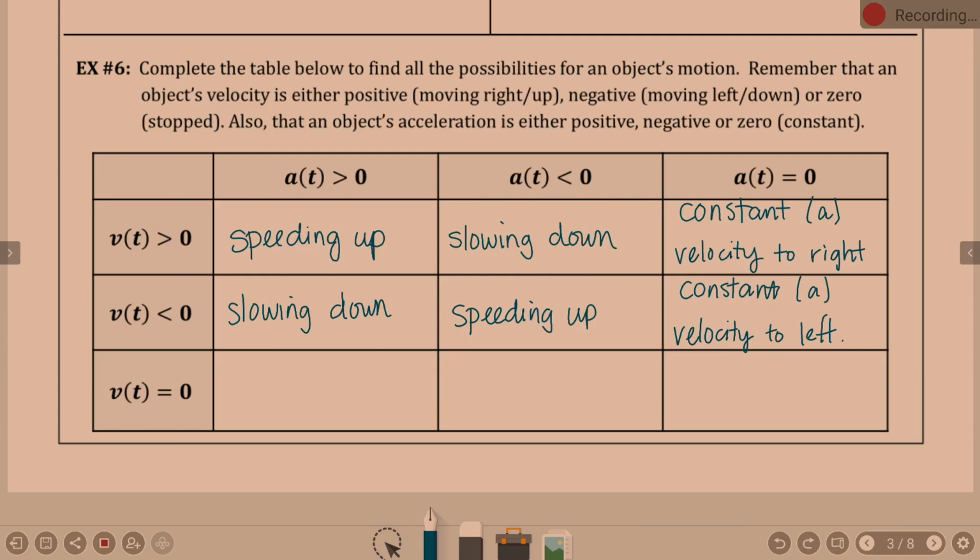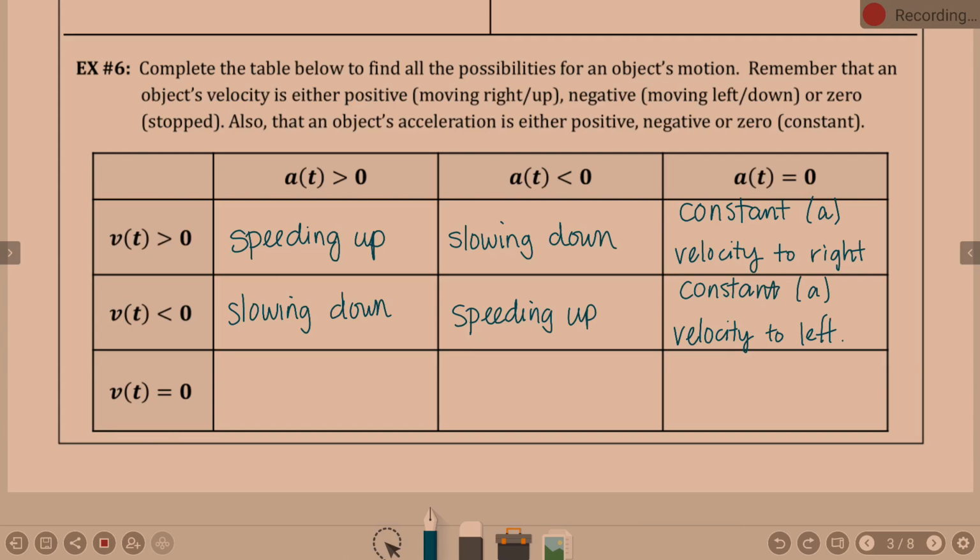The key is the velocity: the velocity being 0 at that point was the turnaround point. It stopped for a moment to turn around, and then moved the other way.